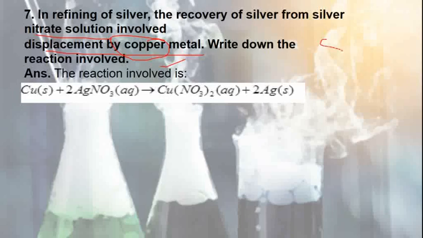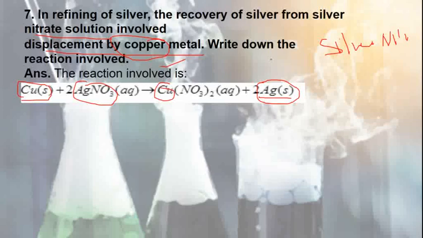So when silver nitrate solution, that is AgNO3, is reacted with Cu, Cu will displace Ag from the AgNO3, the Cu gets deposited and Ag comes out. That is nothing but silver which is evolved.